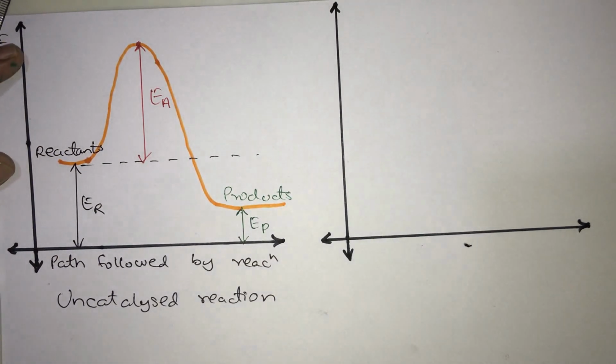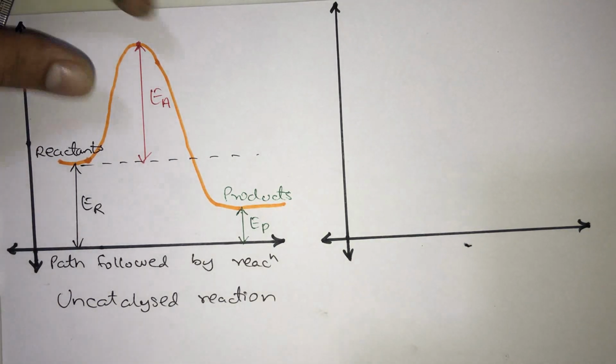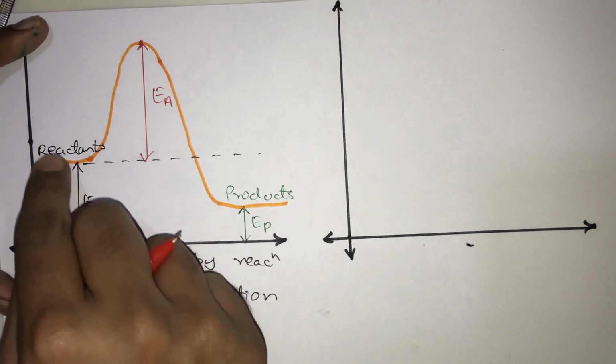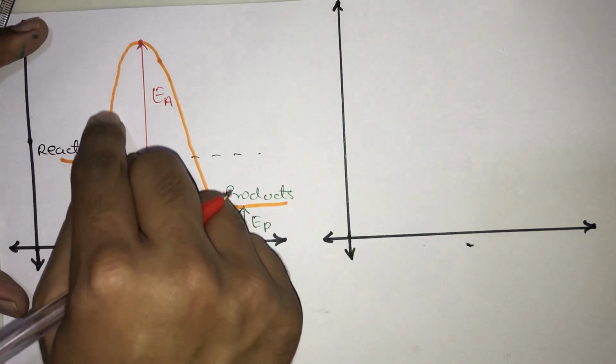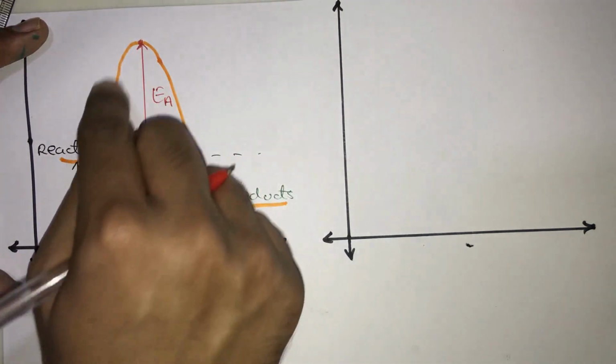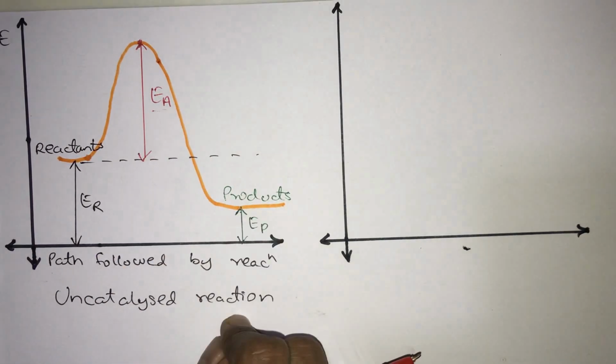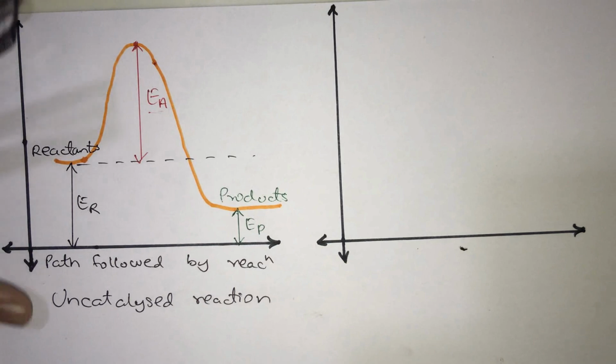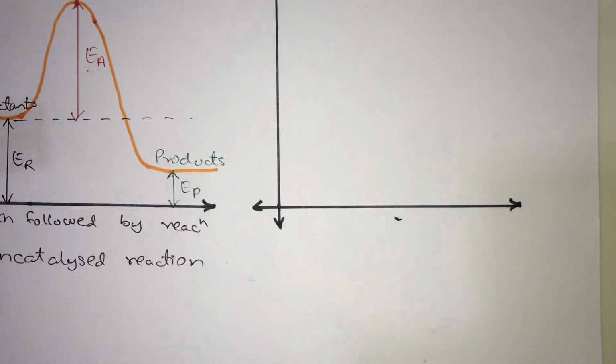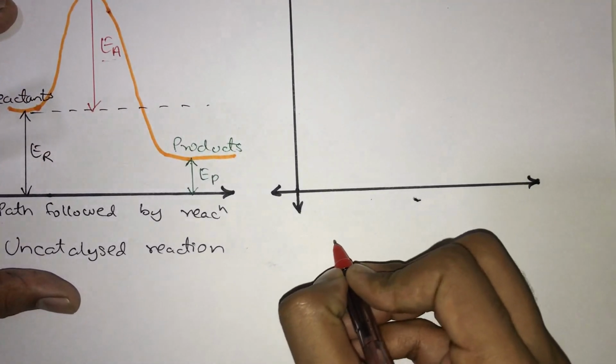Clear with this now? So if I ask you all that how will the reactants get converted into products, the reactants will follow this path, and via this path they are going to get converted into products. Now let us consider a graph for catalyzed reaction.